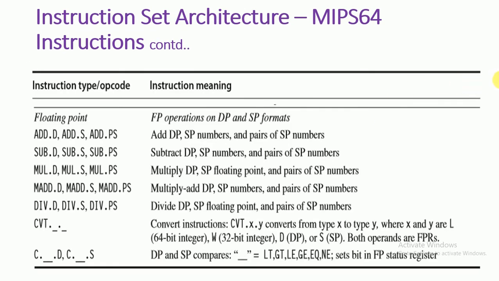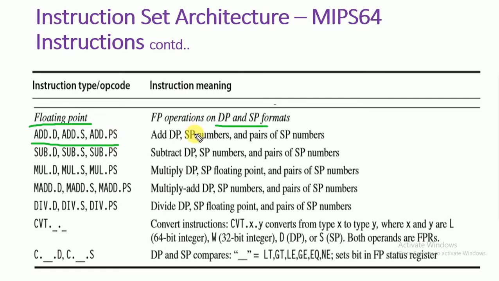Then we have some exclusive operations with floating point values alone. These are floating point operations on double precision and single precision, in different formats. So add.d, as I mentioned in the first instruction set, the dot is used only with floating point values.